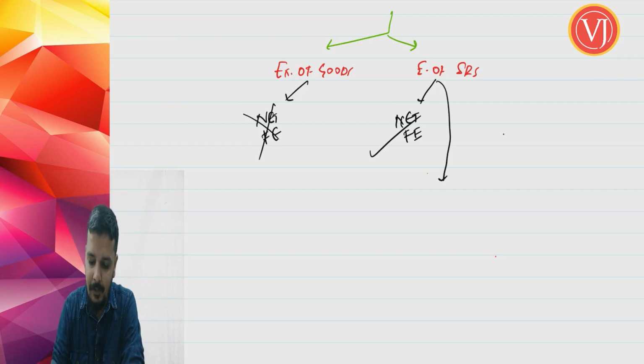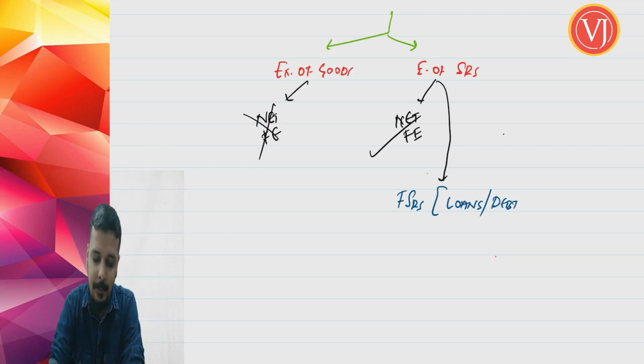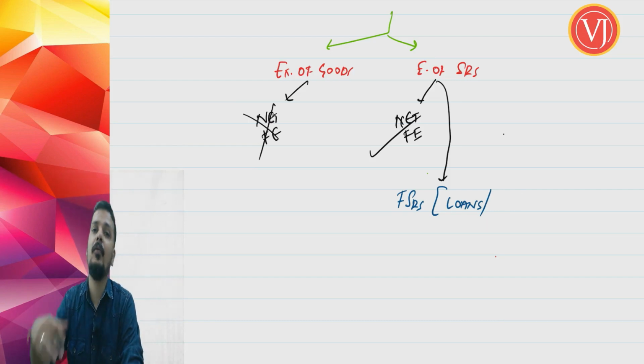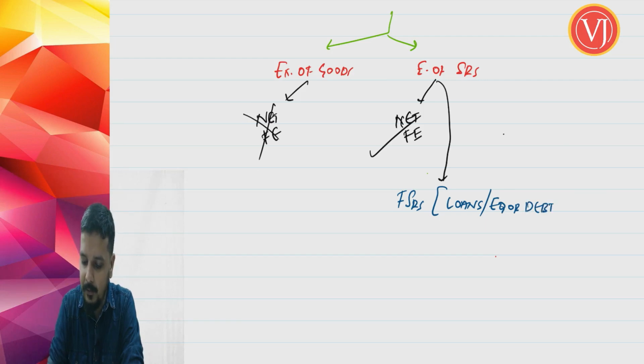Friends, if you are talking about financial services, like receiving amounts as loans or debt participation, or equity participation, where the company is issuing equity shares to foreigners, so you are talking about equity or debt participation by foreigners.